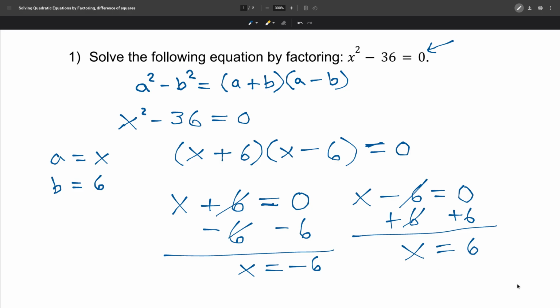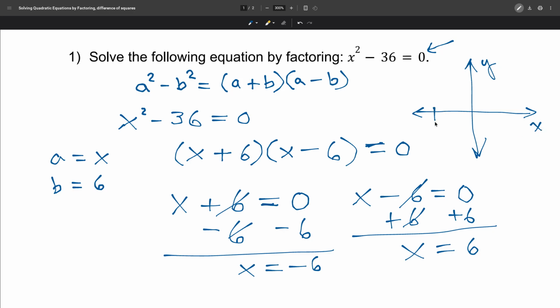In other names you will hear for this, you might hear roots, you might hear zeros, you might hear x-intercepts. Well, that's because the quadratic here, and there's a positive 1, even though we don't write the 1 in front of this quadratic, is going to cross the x-axis at x equals negative 6 and x equals 6.